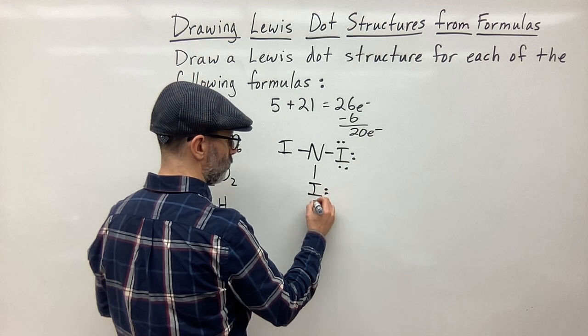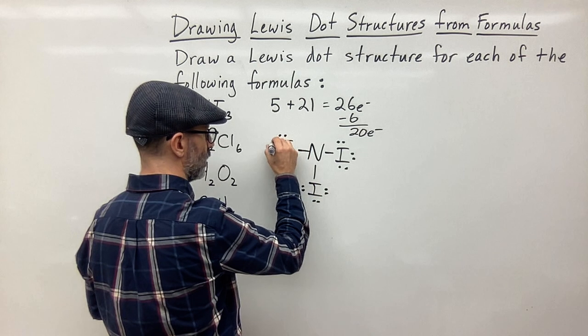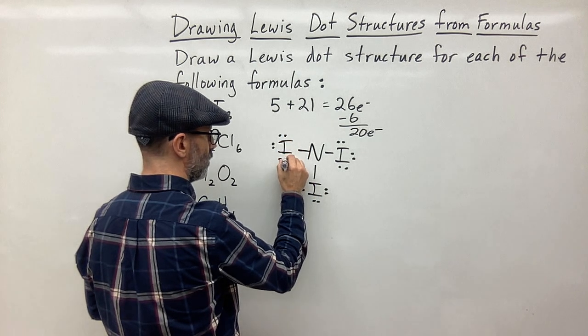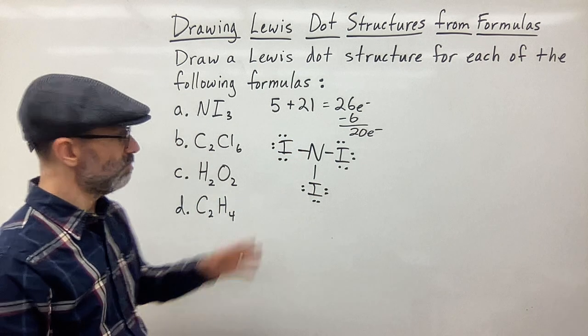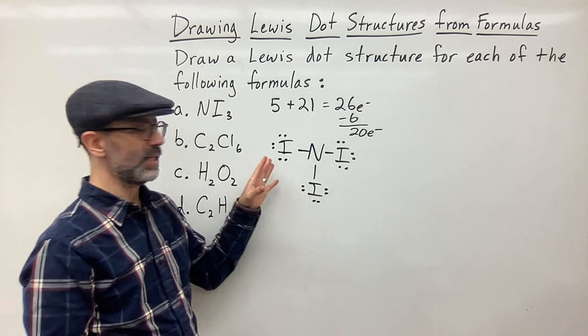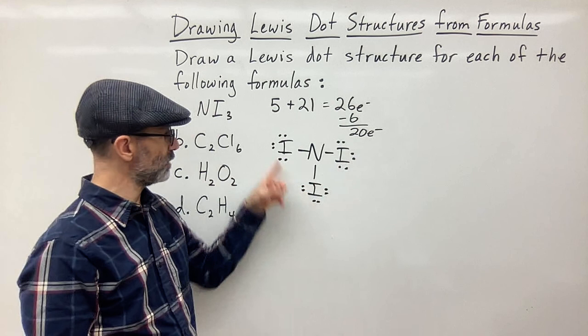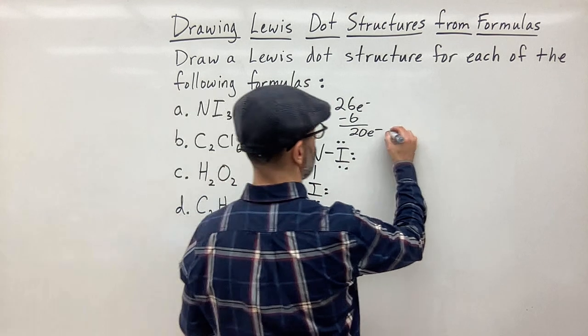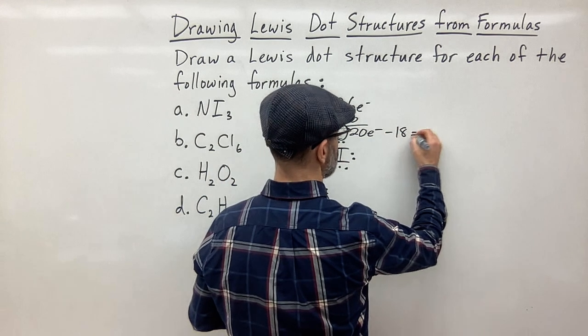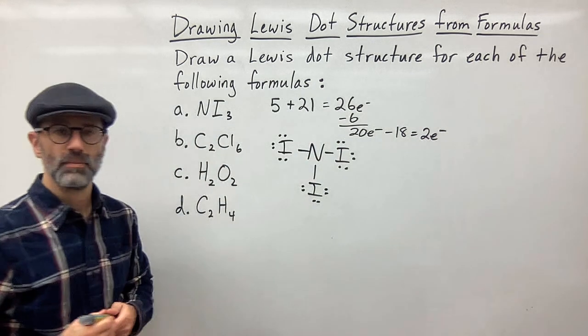This one will get 3 lone pairs, and then this one will get 3 lone pairs. Now I've done step 3. I need to subtract out the electrons that I used. I used 6 for each, and 6 times 3 is 18. So I subtract out 18 more electrons, and that gives me 2 electrons left over.